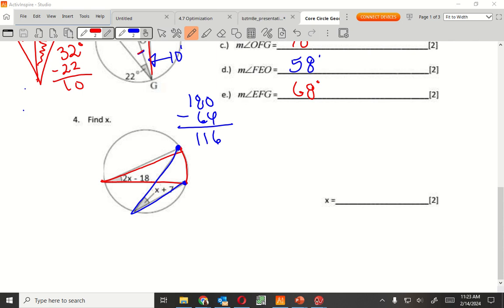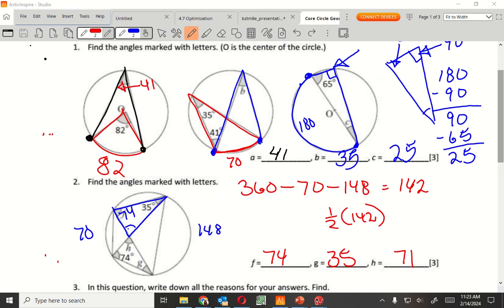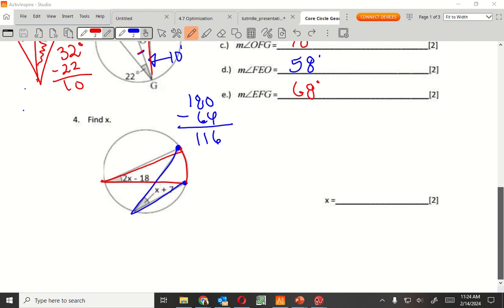They're going to be the same. Just like what we had up here on this problem. Both of these had the same arc, so I know that 35 and B are the same. That's how I got that this side over here is also 35. If they have the same arc, they are congruent.